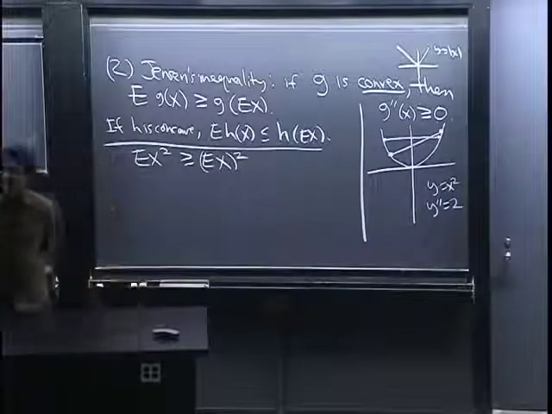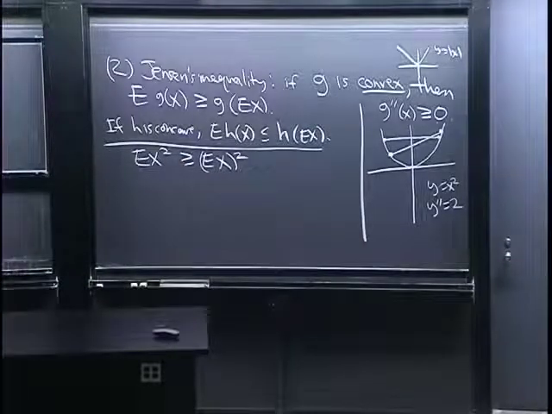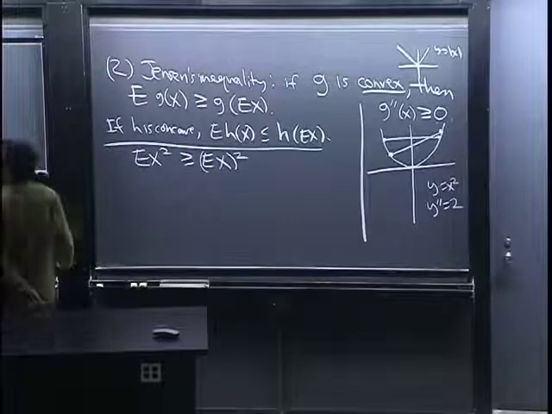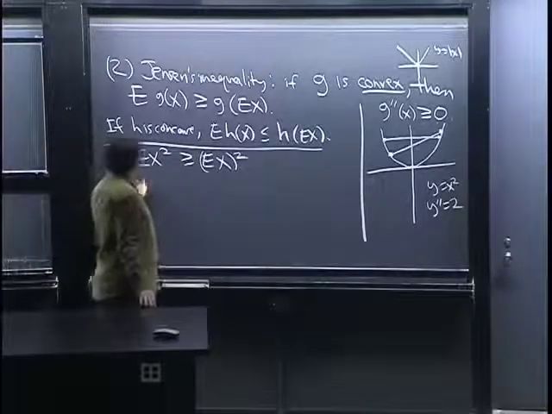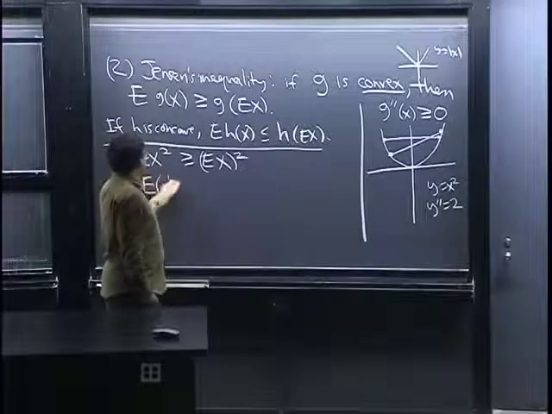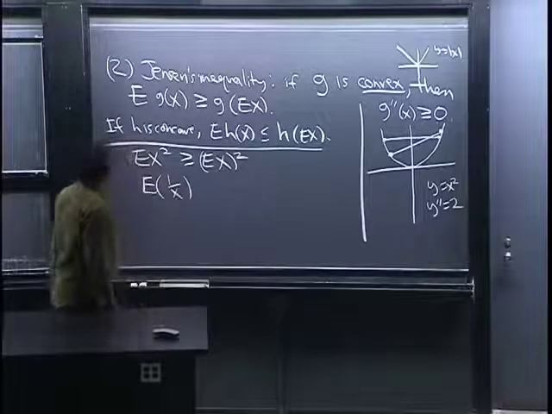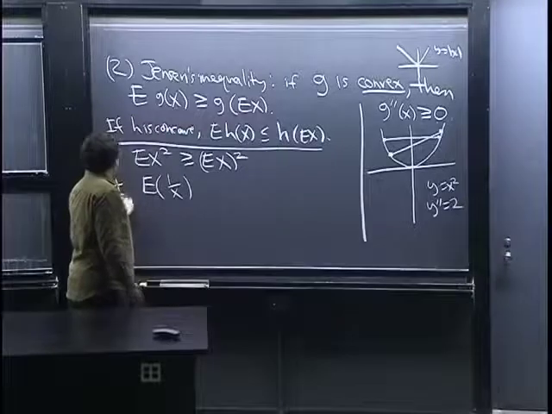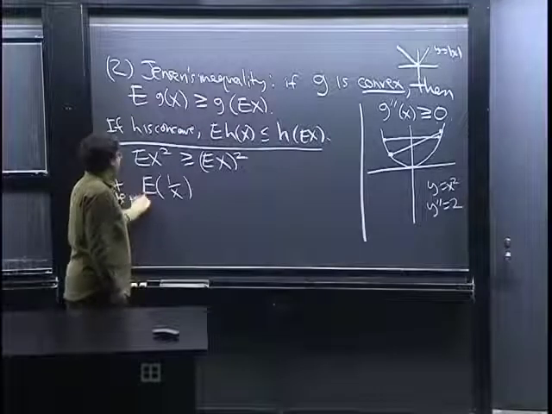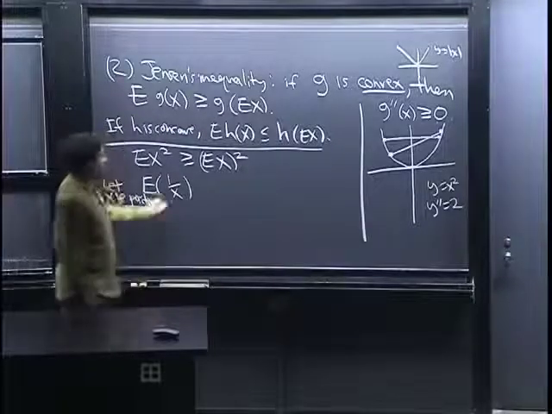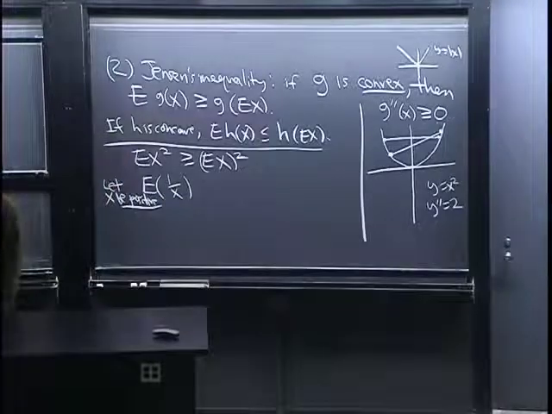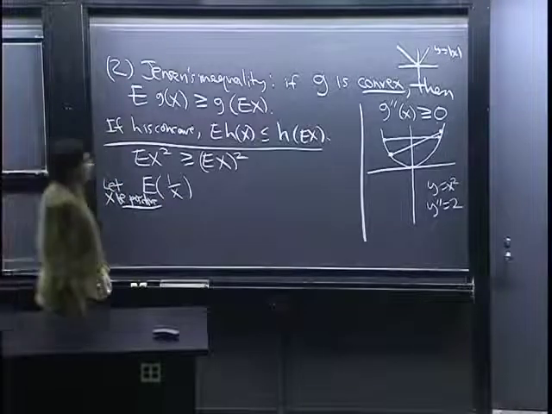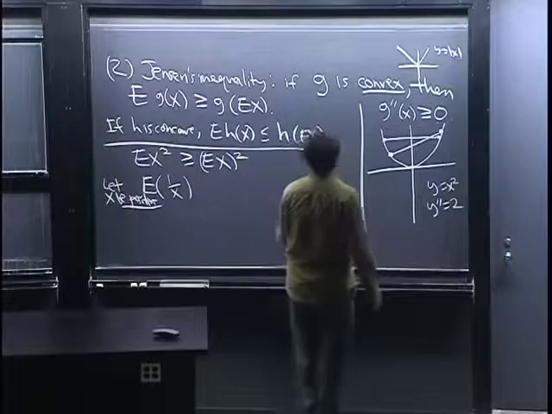Okay, so to do a couple other quick examples, then we'll prove this theorem. What if we had the expected value of 1 over X, and let's let X be a positive random variable for this part, so I don't have to worry about dividing by 0 or negative numbers.